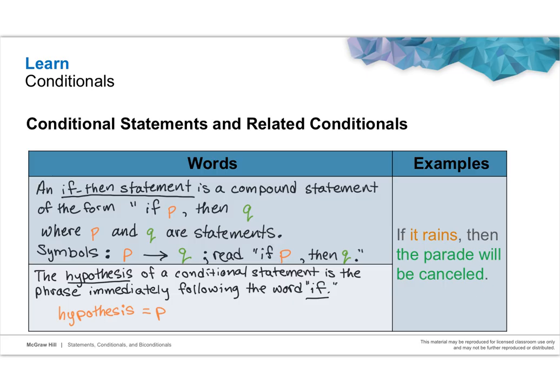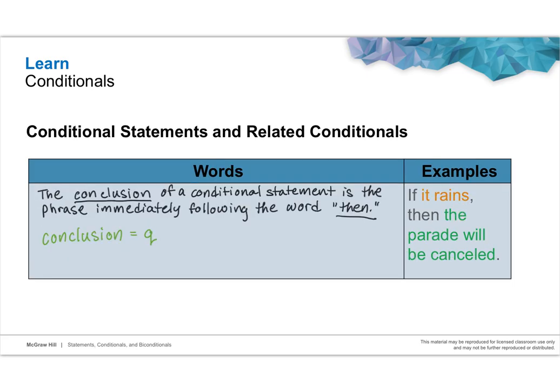So P and Q are the statements, and the symbols P and then an arrow to Q is read if P, then Q. The hypothesis of the conditional statement is the phrase that's immediately following the word if. And the conclusion of the conditional statement is the phrase that's immediately following the word then.